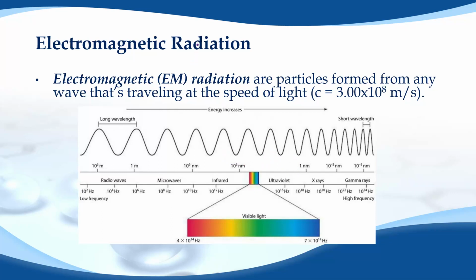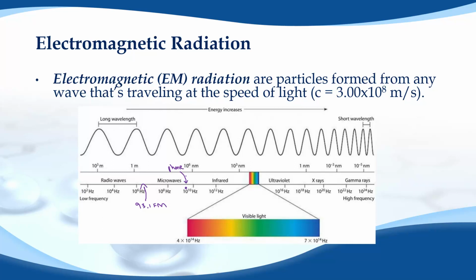So you can see that we start off with very long wavelength waves, like radio waves, the things that you actually get through your car. Right, and then we move forward, we go up to microwaves, and then we have infrared, so those infrared lamps that you see. And then we have this tiny little band in the center, which are all the visible colors that you see. They're all electromagnetic radiation.